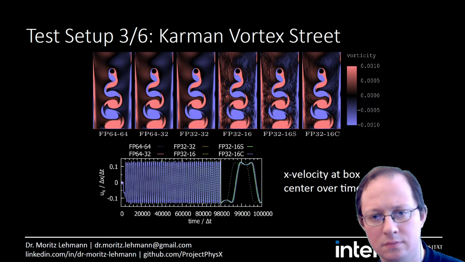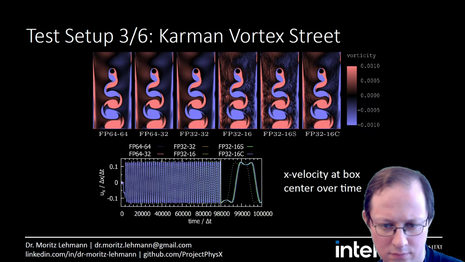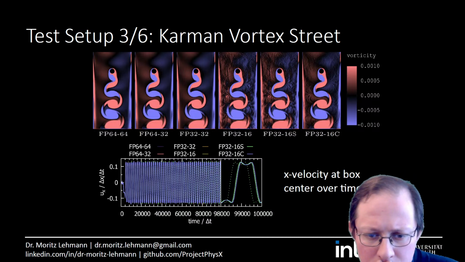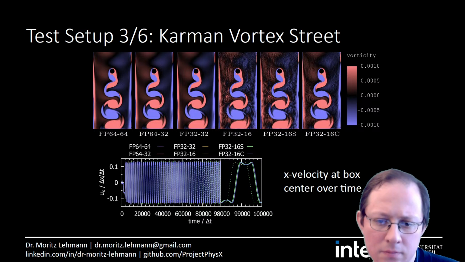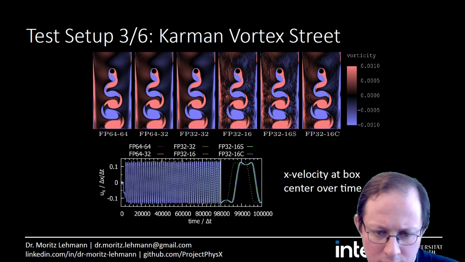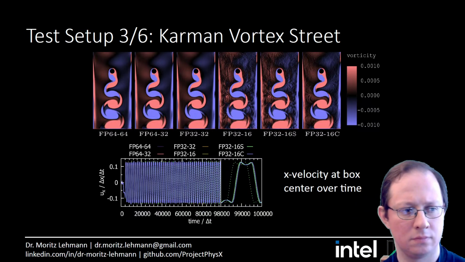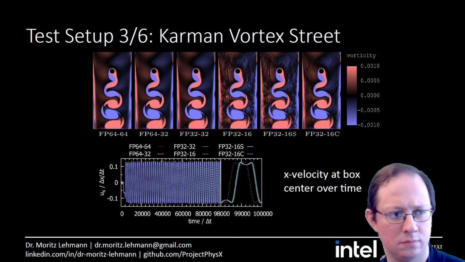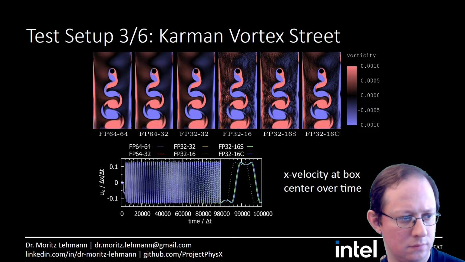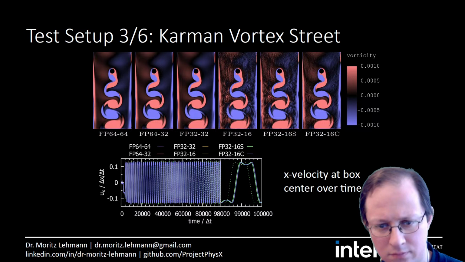In terms of total accuracy of the simulation, this is the bottom chart. I've put in the center of the box a point and check what is the left-right component of velocity over time. And every time a clockwise or counterclockwise vortex moves over this probe point, you see the line squiggle up or down in the bottom plot.